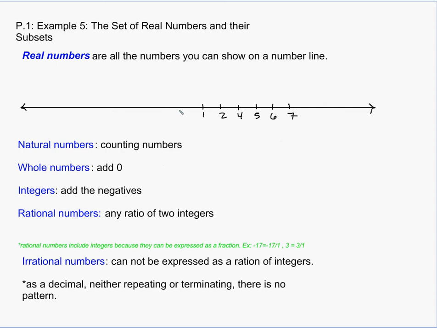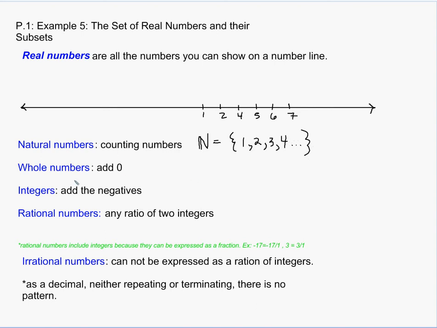They don't include your negatives and they don't include zero. The symbol for natural numbers is an N, and the set of natural numbers can be written as 1, 2, 3, 4, ... like that. So natural numbers are your counting numbers.